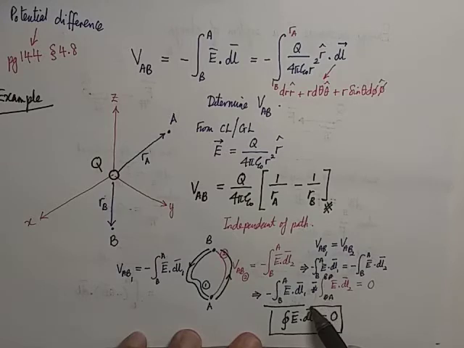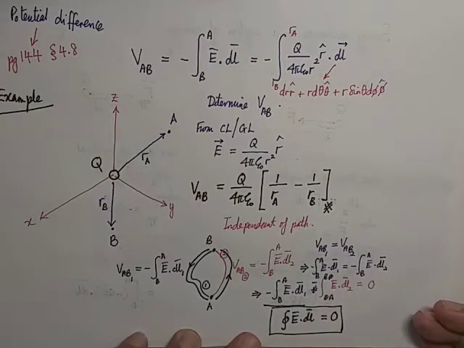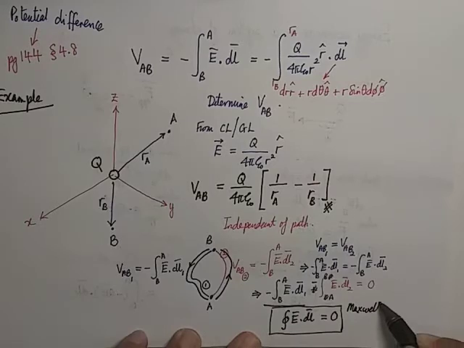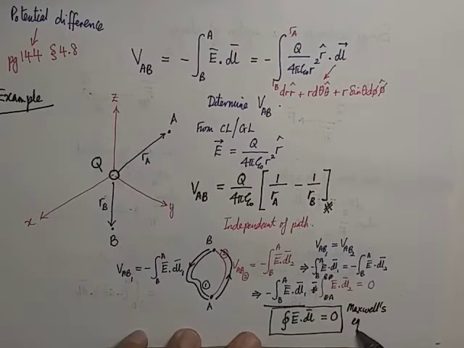It's only true for the case of electrostatics, and this relates to Kirchhoff's law in circuit theory. Again, I'm repeating, this equation is only true for the case of electrostatics, and we call this equation Maxwell equation number what now, do you think?